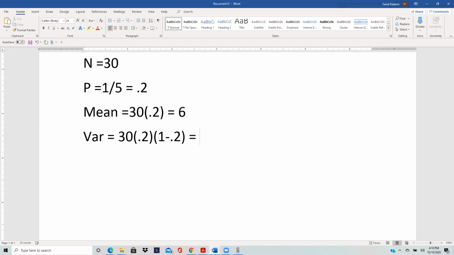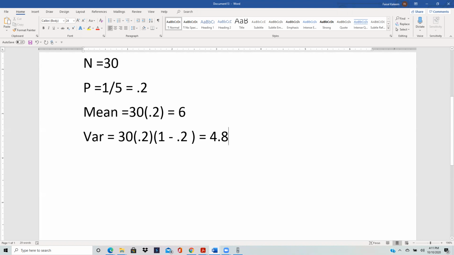That will be 4.8. And then you take the square root of that to get standard deviation.